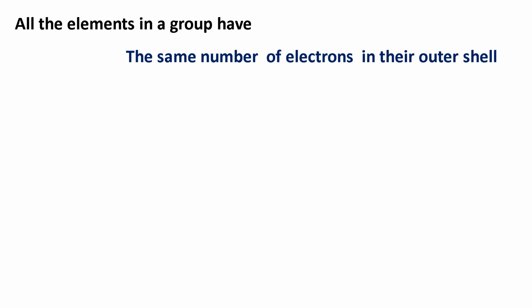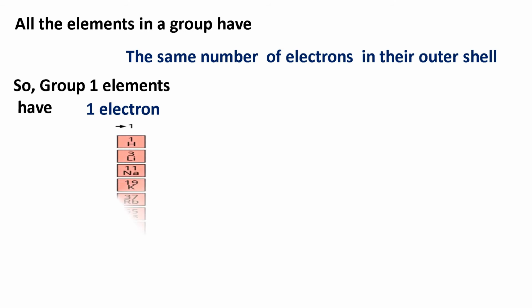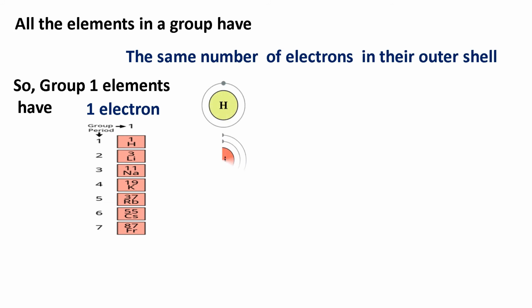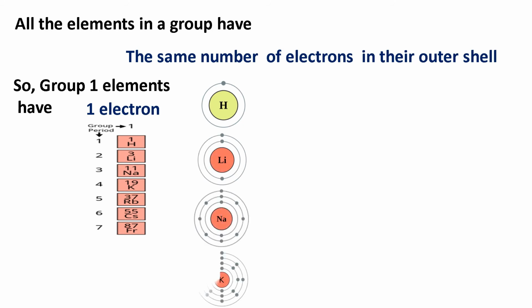All the elements in a group have the same number of electrons in their outer shell. So group 1 elements have 1 electron. Here, this is group number 1: hydrogen atom, lithium atom, sodium atom, and potassium atom.